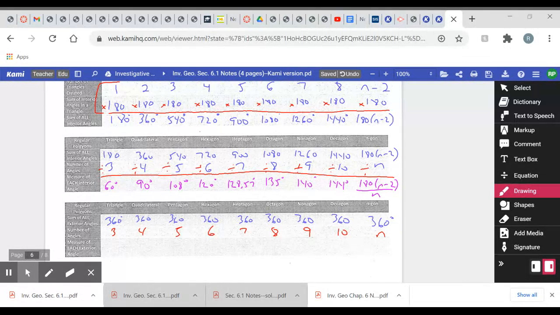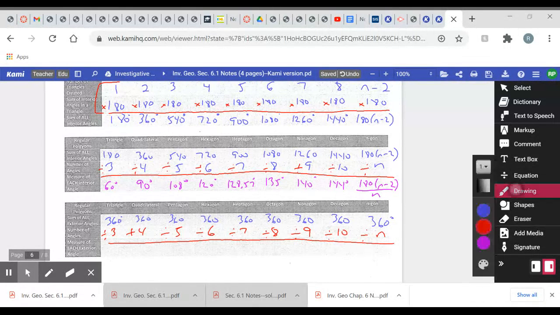And so what I'm going to do with these numbers is divide. That's going to tell me what one exterior angle is. So I just need to write that and then we'll be done. 360 divided by 3 is 120. Quadrilateral is going to have 90 degrees for each of the exterior angles.